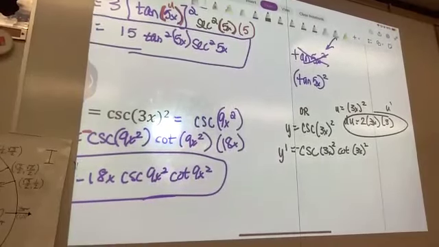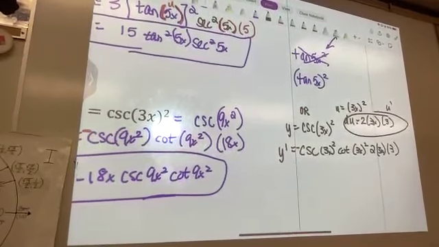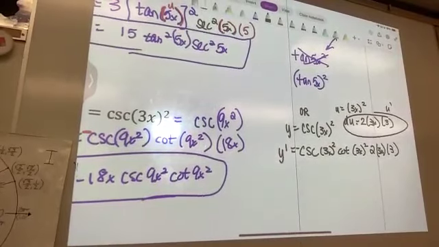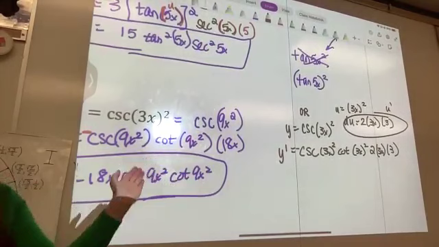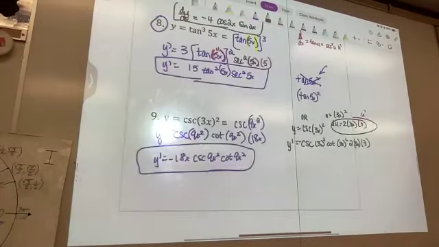This is all u prime. So the derivative of that 3x quantity squared would be 2 times 3x to the first times 3. Isn't that gross? I wouldn't want to do that. If I can avoid it easily, I avoid doing a double chain. Sometimes you can't avoid it, but when you can, I do.